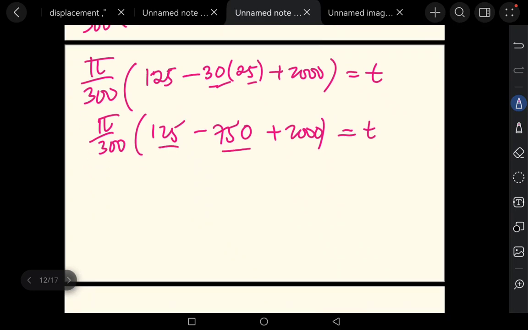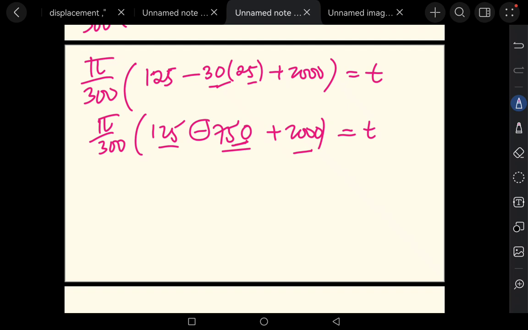So this minus this, 125 minus 750 is negative 625.